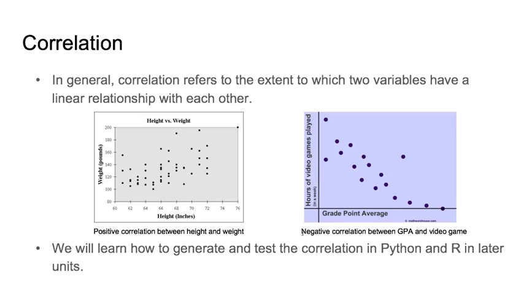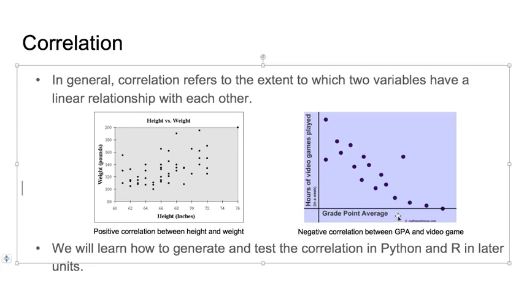Here's another example where we have negative correlation. Here we have the grade point average, GPA, on the x-axis, and on the y-axis we have hours of video games played. These two variables are highly correlated, but in a negative way, which means as the hours of video games played goes up, the GPA goes down.